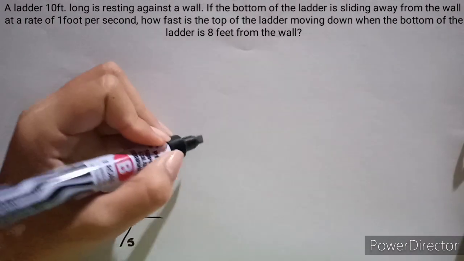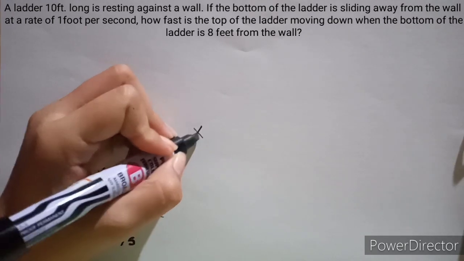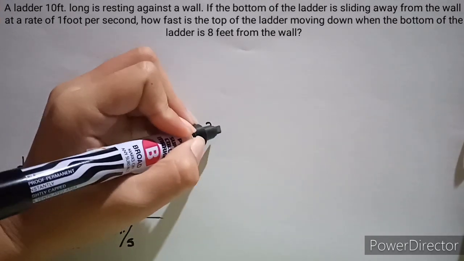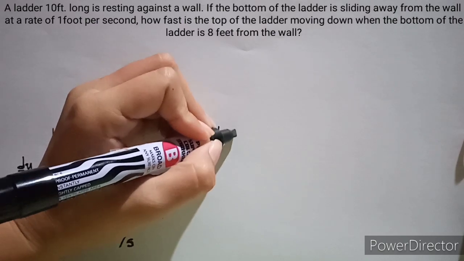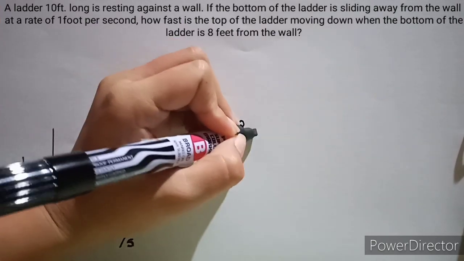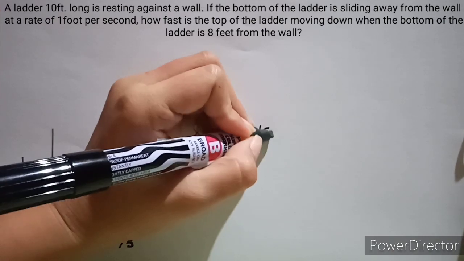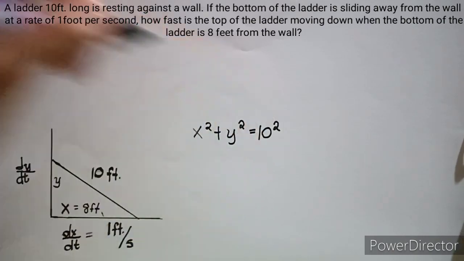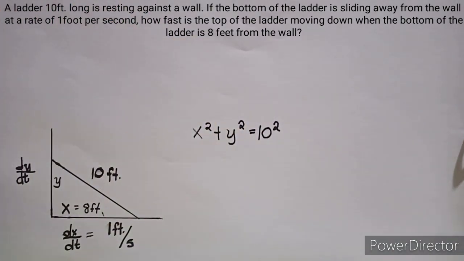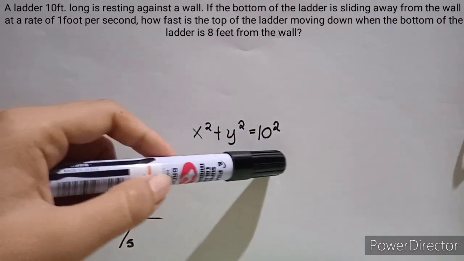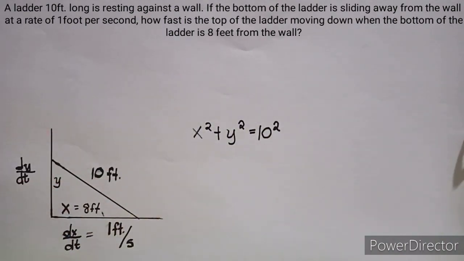Let us write our equation. x squared plus y squared is equal to 10 squared. And for our step 5, differentiate the equation in step 4. Here is our equation. Using implicit differentiation, differentiate both sides of the equation with respect to t.